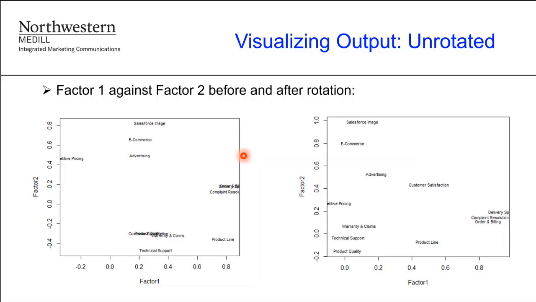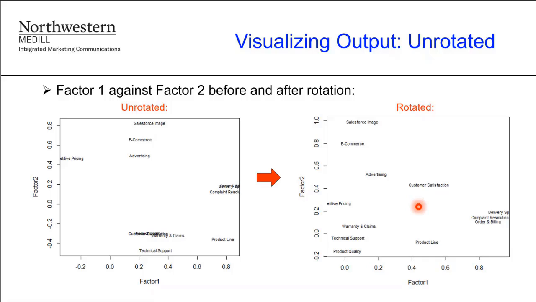These are the plots of factor 1 against factor 2 before and after the rotation. This is the unrotated plot and this is the rotated plot. What we can see here is that there is less overlap in this rotated plot. There is overlap here and here, but fewer overlaps in this new rotated plot.